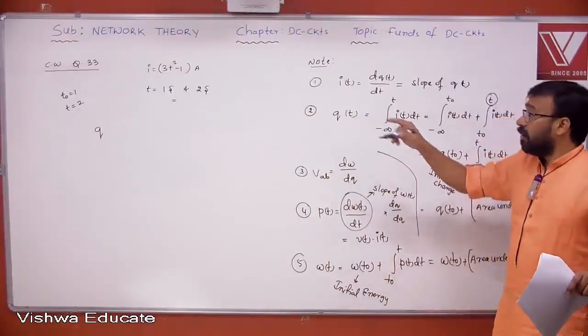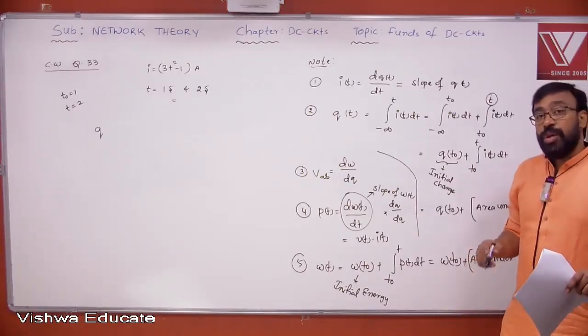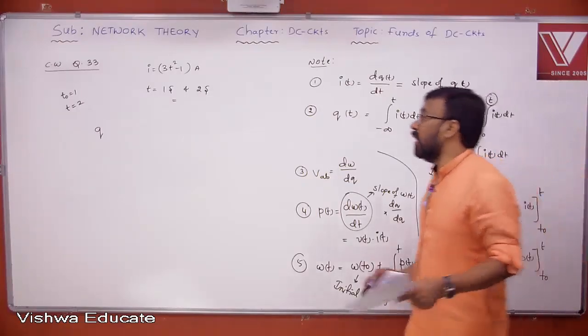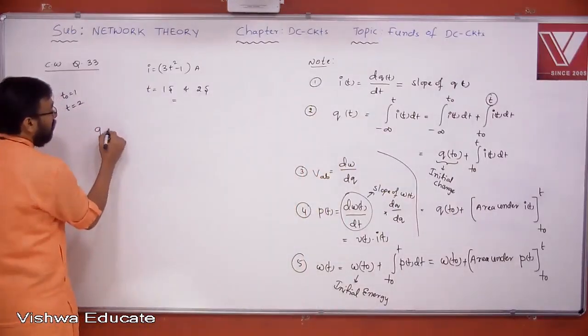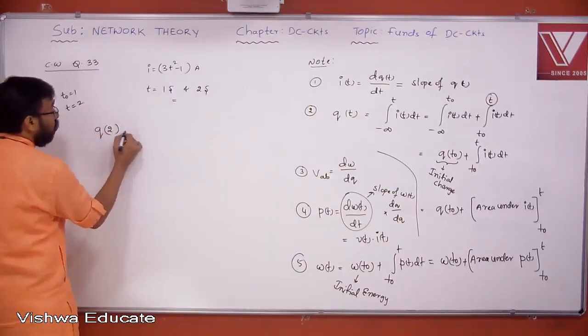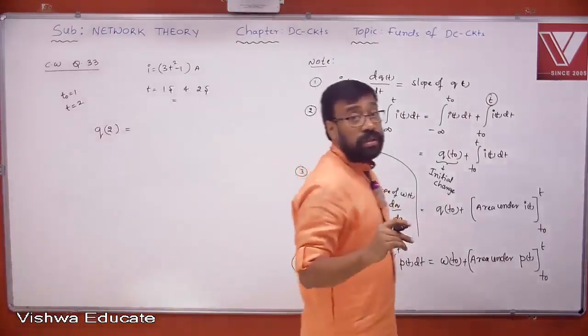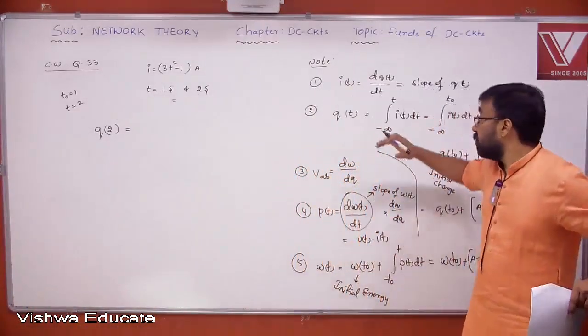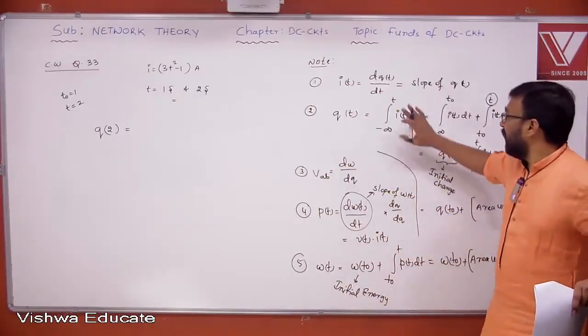So, in your question, what is the lower limit? 1 second. What is the upper limit? 2 seconds. So, how can I write now here? Charge between 1 and 2 is also the same as charge at an instant 2. So, be careful in the interpretation. I am telling you, this is applicable to charge, energy, wherever you have integrations.